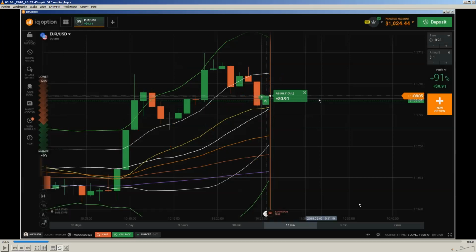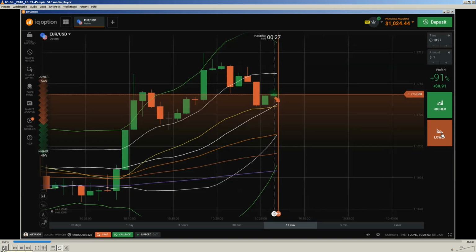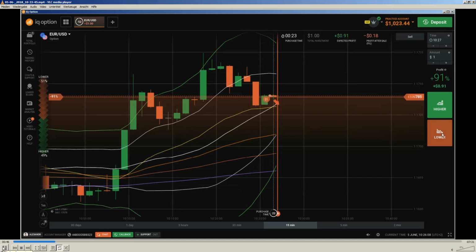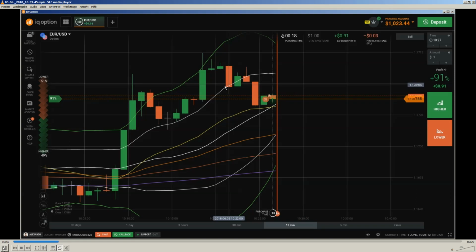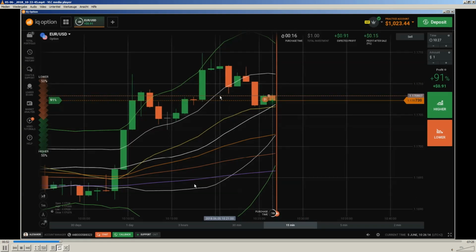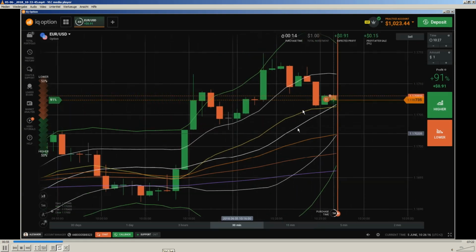So let me see what happened then. After this, I waited to understand if there will be a continuation, and that is it. Yes, I entered immediately into a put, and that was because I understood we didn't touch, and I will explain this. Now the EMAs are also crossing.